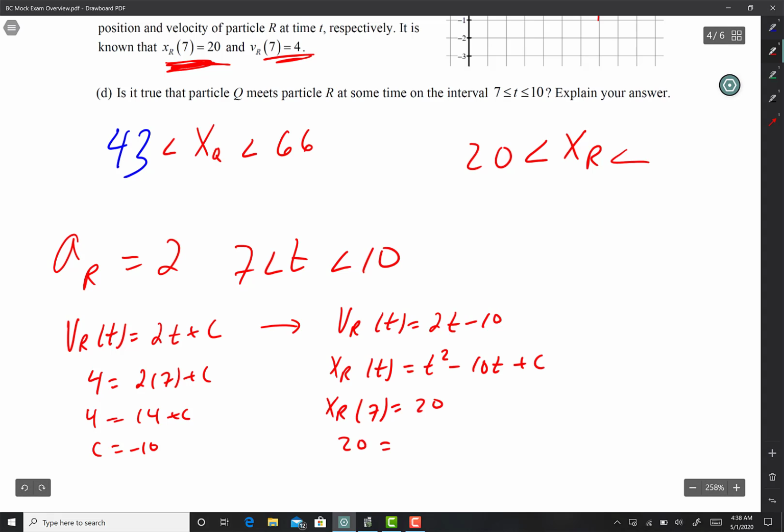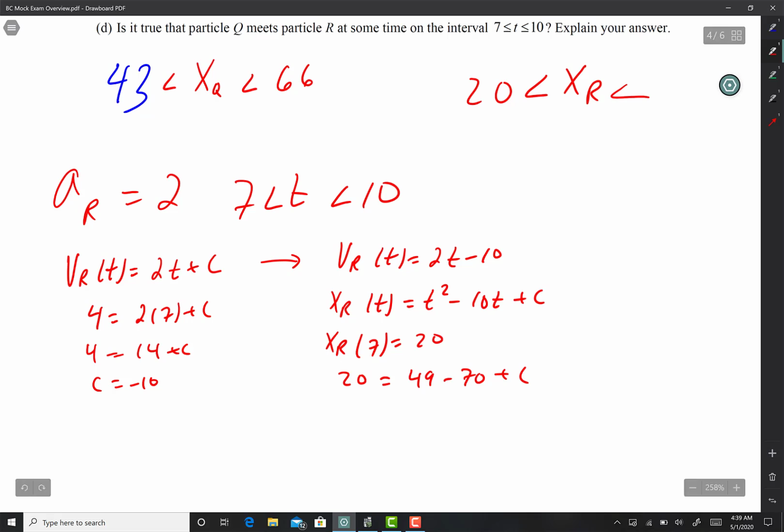So 20 equals 7 squared, so 49, minus 10 times 7 is 70, plus c. 49 minus 70 is negative 21, so negative 21 plus c. Now plus 21, c is 41. All right, so from that, I can tell that x of r of t has to be equal to t squared minus 10t plus 41.